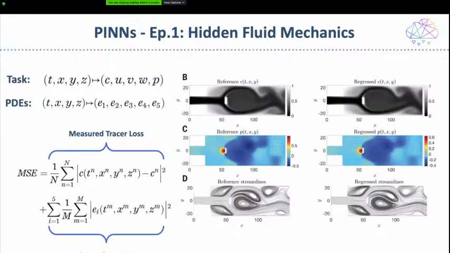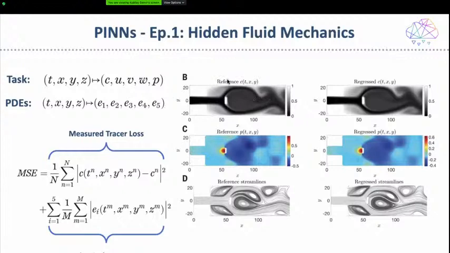And in a follow-up paper, the authors applied this to more realistic applications with a slightly new concept. So in this case, instead of using data on the initial and boundary conditions, we actually have some data inside the domain, which is in this case shown in these figures B. So this is the reference. So for this two-dimensional space, we have some snapshots in time, so they're only discrete, of some tracer.